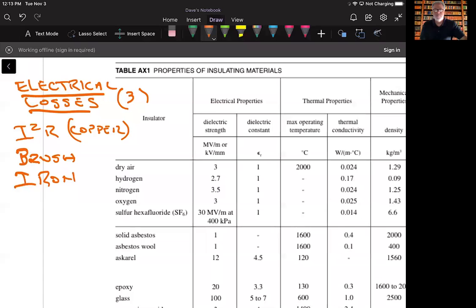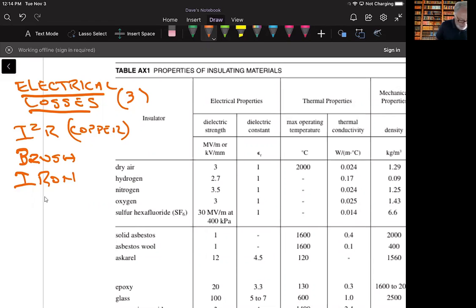So we're going to look at each one of these individually and spend a little time understanding exactly what's going on with those. So here are our three losses listed on the left side of this screen. The I2R copper losses, brush, and iron losses.